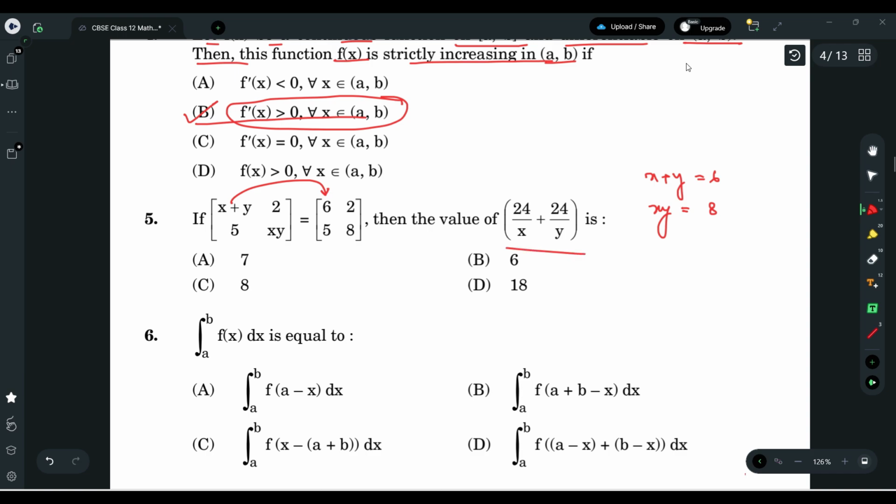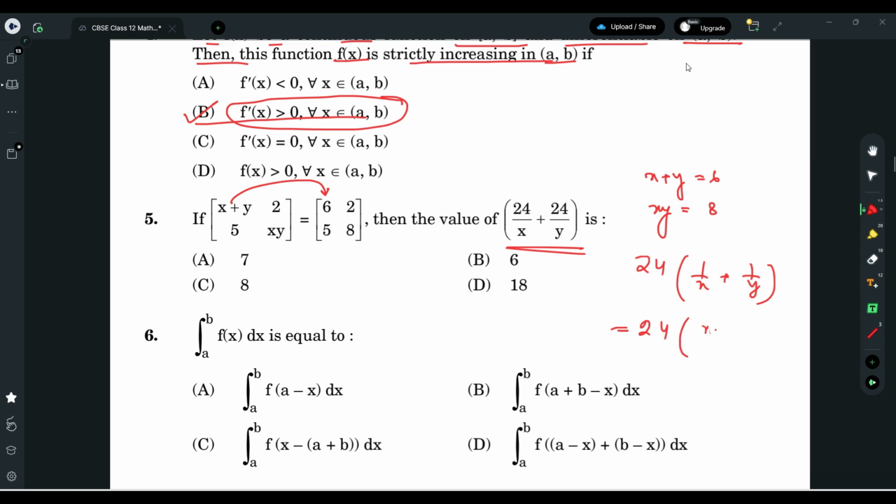Now we have to find the value of this expression. That is 24 common, 1 by x plus 1 by y. That means 24 into (x plus y) by xy. That means 24 into 6 by 8. 3 8s are 24, and 6 times 3 is 18. That means D is the correct option.